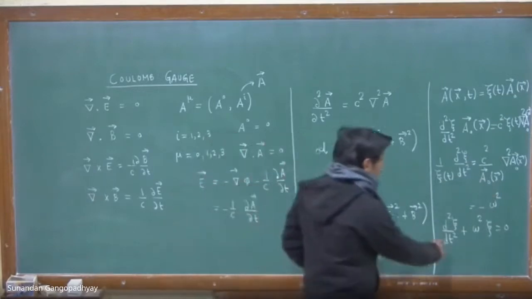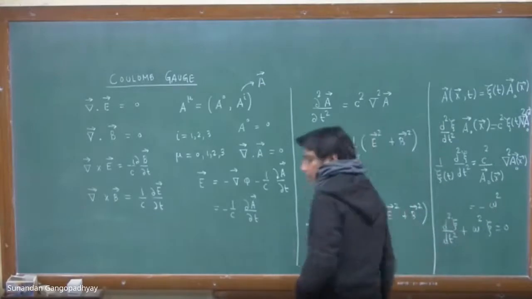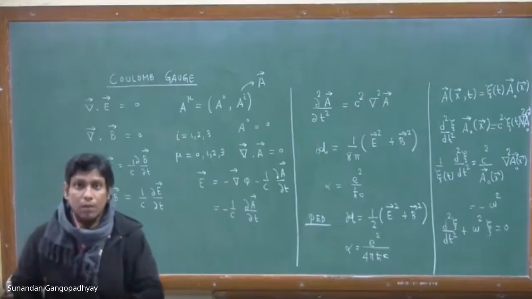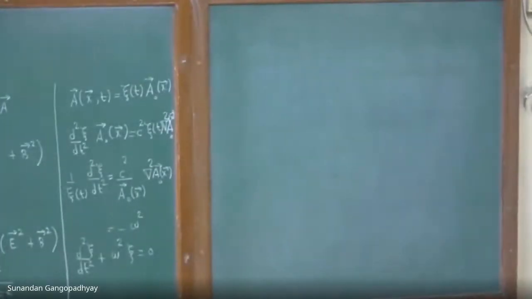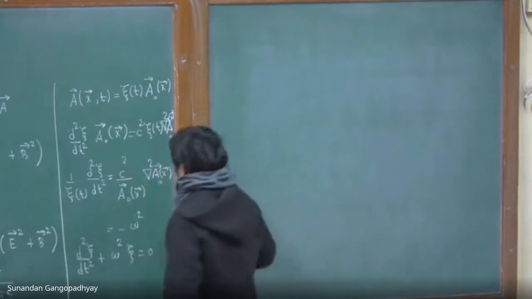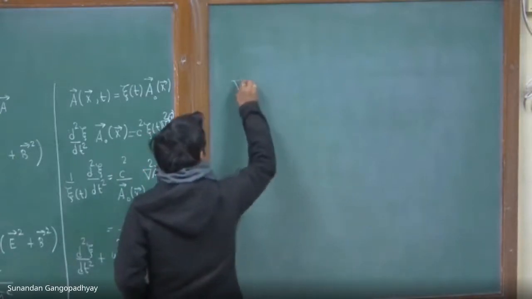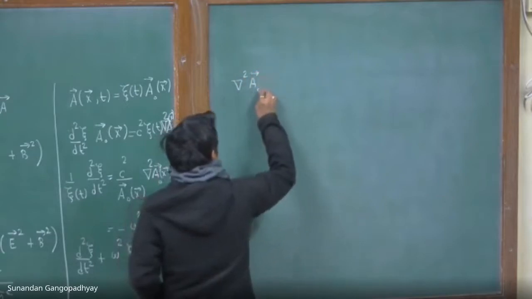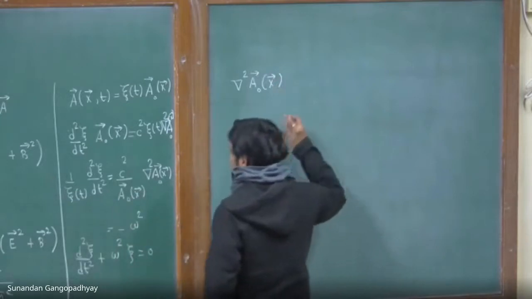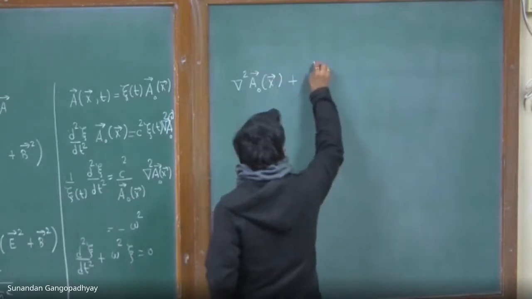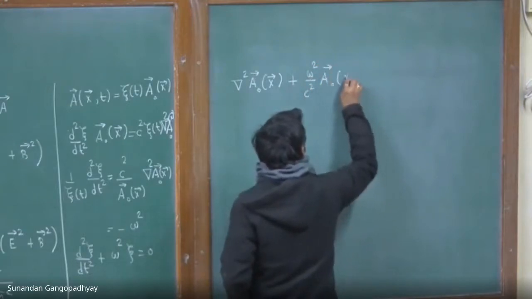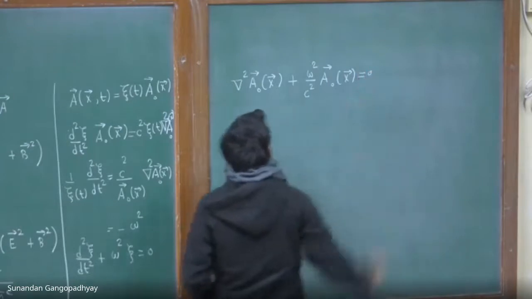So you have this equation, and also you will have another equation. So now we go to the other side of the board. The other equation that we get is the Laplacian of A plus ω²/c² A is equal to 0.